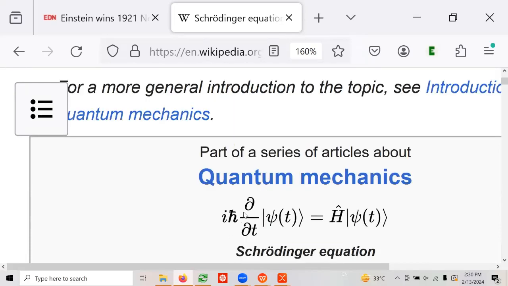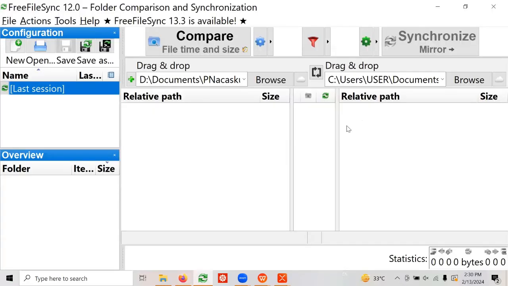But anyway, all you need to know is that it's a partial differential equation on the wave function itself. Just as you have x of t, now you have phi of t. And that phi, again, is an abstract thing. You need to square it to get the probability, right? So that's what you need to know.